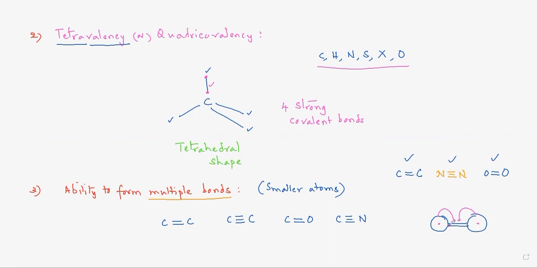A double bond refers to 2 electrons of this, 2 electrons of this, and they are held tightly by the nuclei, by the centers of these atoms. I'll tell you every single point in detail later, but for the time being, remember, if the atoms are small enough, they can actually keep up the shared pair of electrons strongly.